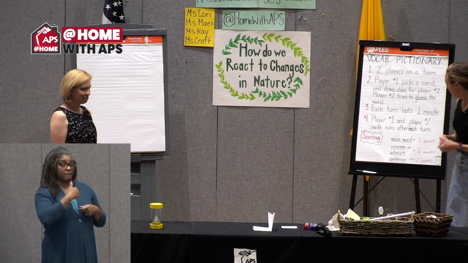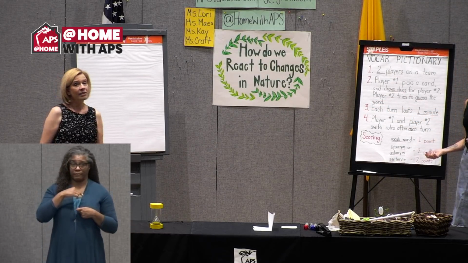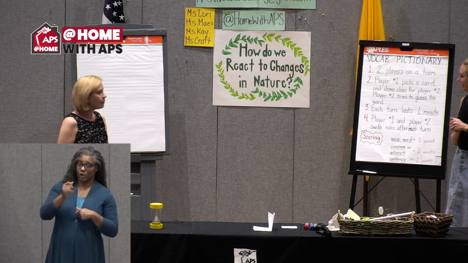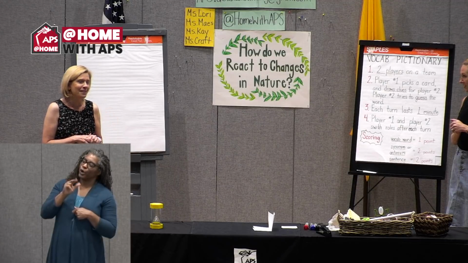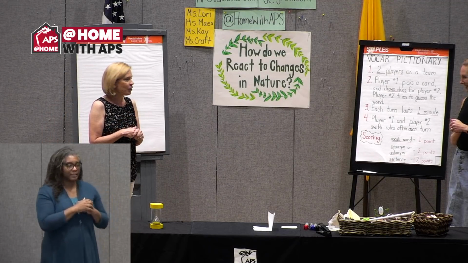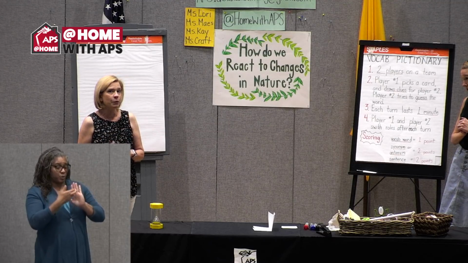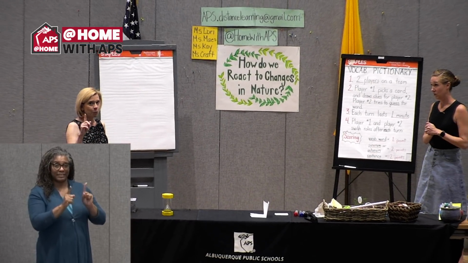Miss Kraft, do you want to tell us about how we keep score? So we've got a little bit different scoring. If you've played the game Pictionary, we're going to add a couple of new things to make it a vocabulary Pictionary. So our scoring: if you draw that vocabulary word and somebody guesses it, you get 1 point.